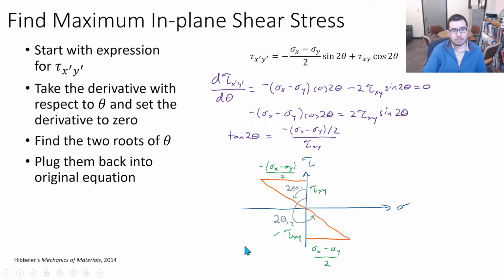If we want the hypotenuse of this side of the triangle, it's the square root of this squared plus this squared, and that's what we have here. It turns out this expression is pretty nifty and useful. It's the hypotenuse here, and when you plug it back into the original equation, it also ends up being the max shear stress.